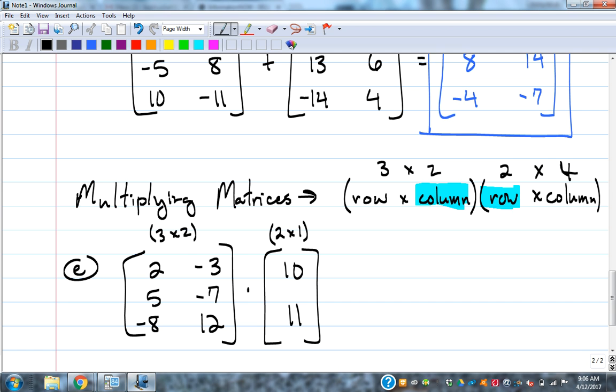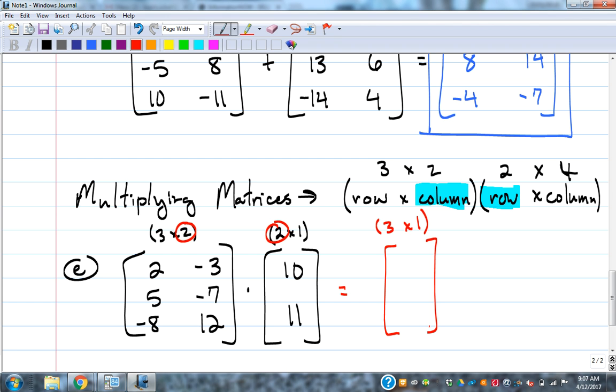I am not asking you to multiply them by hand. That takes several operations per row. But what I do want you to know is that you're able to multiply these two because the numbers in the middle match, and the answer is going to be a 3 by 1, from the outsides. It's always going to work that way.